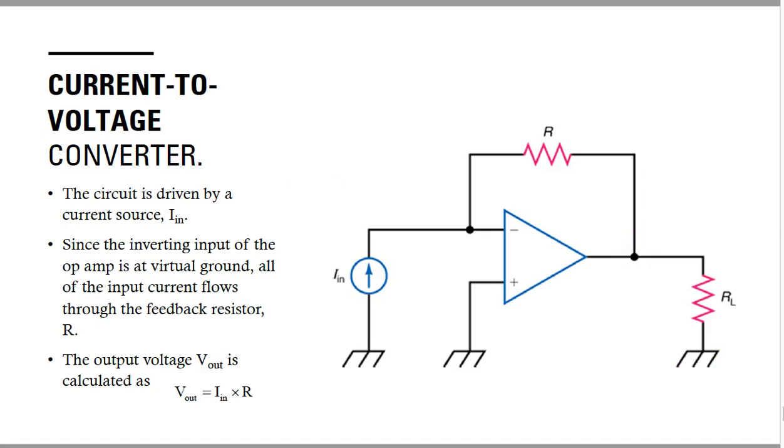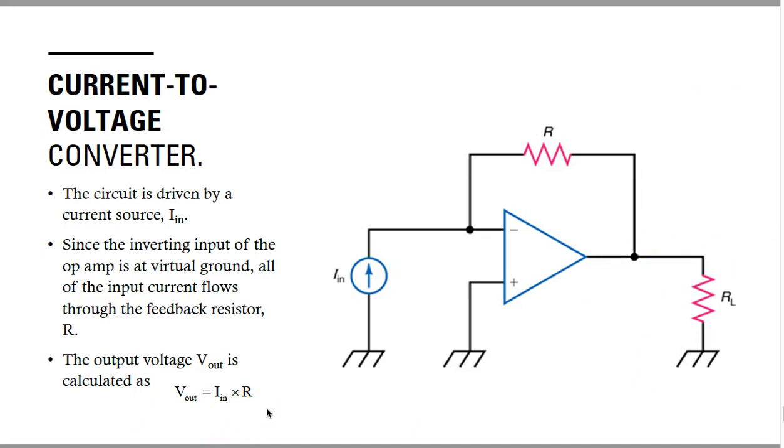So the circuit is driven by a current source, and since the inverting input of the op-amp is at a virtual ground, all of the input current flows through the feedback resistance. It's the same thing I told you, that this follows the virtual ground. That means if this is grounded, then the same voltage will appear here. So the voltage here is going to be 0, no current will go inside, and this whole current will pass through the resistance. That's how you can calculate the output voltage, and this circuit is called your current to voltage converter.